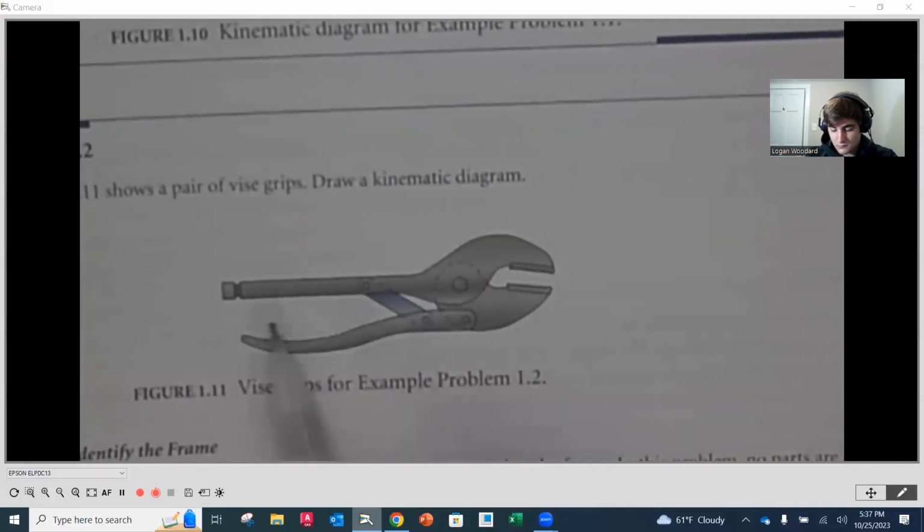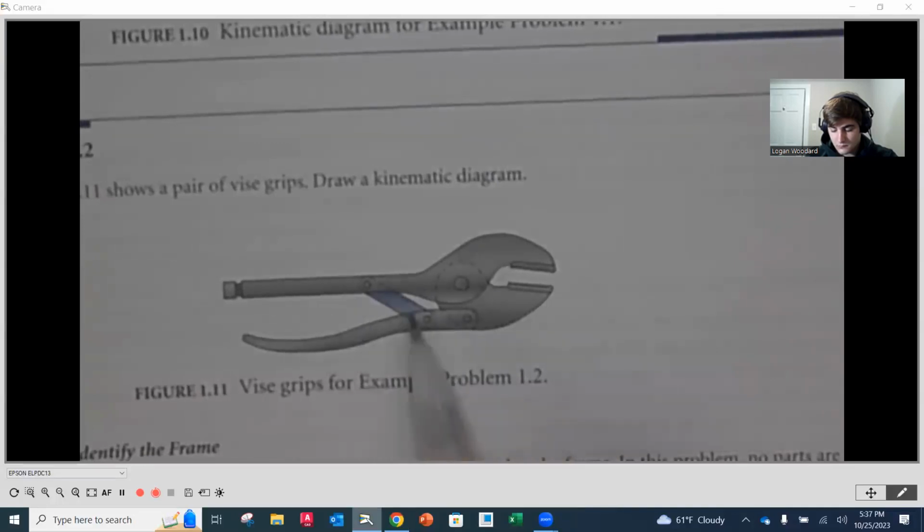So this is our frame member. There are two connections to the frame. There's this one and there's this one. We're not going to connect the frame. We're just going to show two connections to the frame with that symbol that we learned a little bit ago.